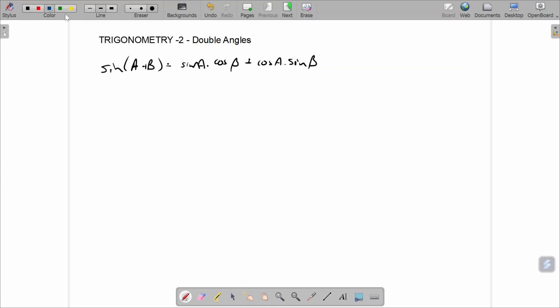Now, again, if we rewrote this as sine of A plus A, and we look at what happened on the right-hand side, I hope you'll realize that sine of 2A will equal 2 sine A cos A. I'm going to leave this here while I work on the next one.